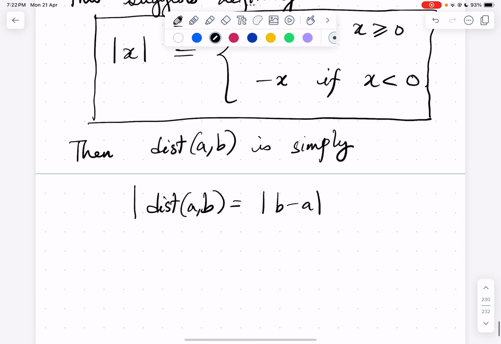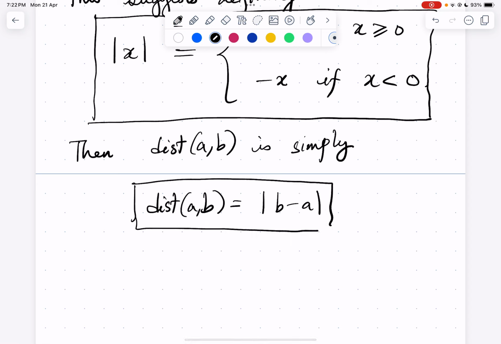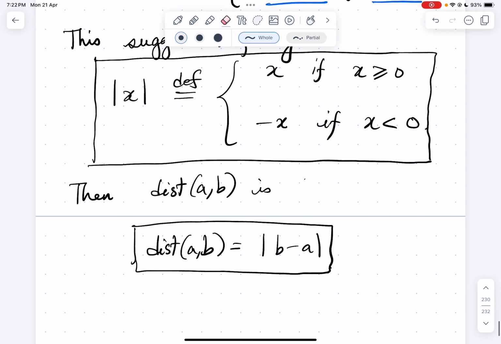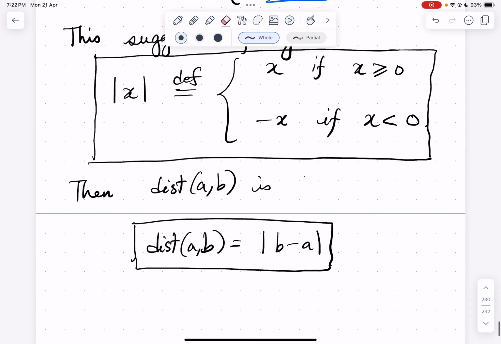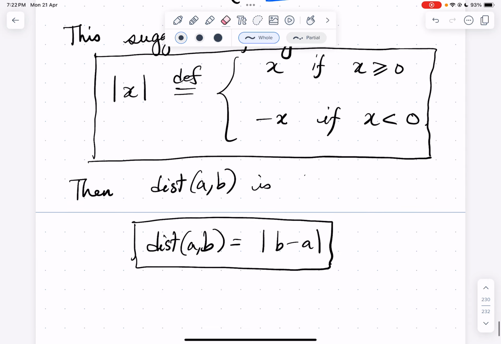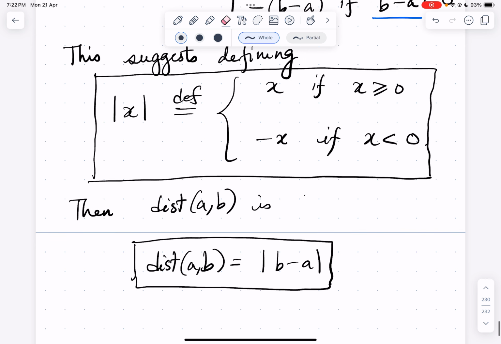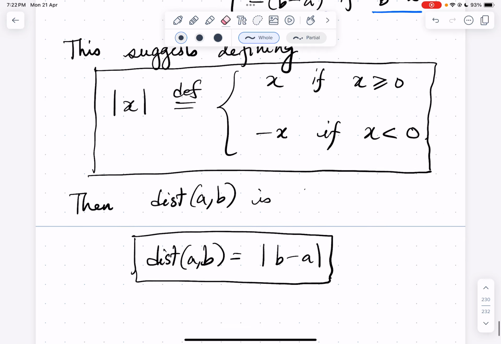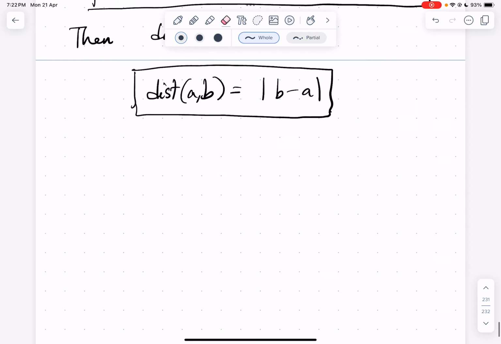So it's just mod B minus A. So the distance function is: you take the difference and apply the modulus function. The modulus function is mod x is x if x is greater than or equal to 0, and minus x if x is less than 0. So this is one definition of mod x.